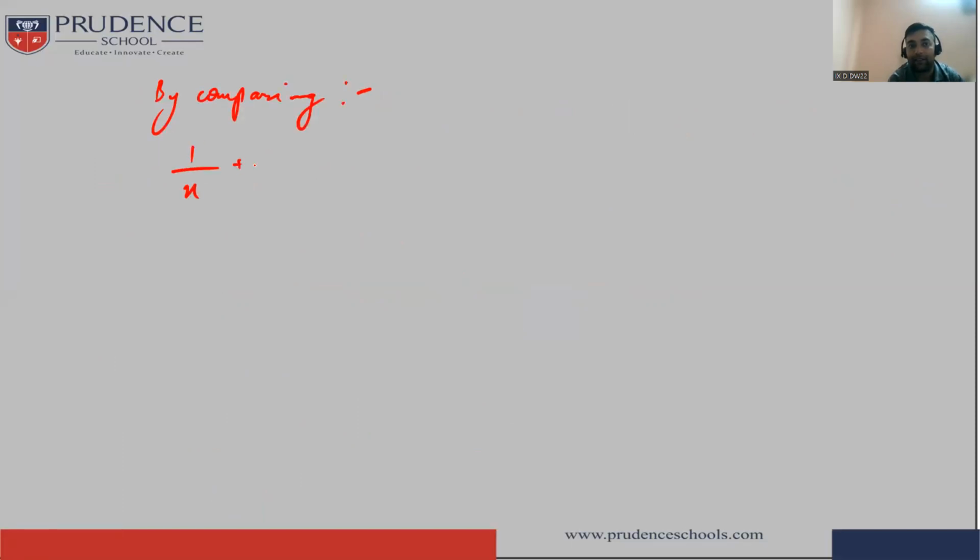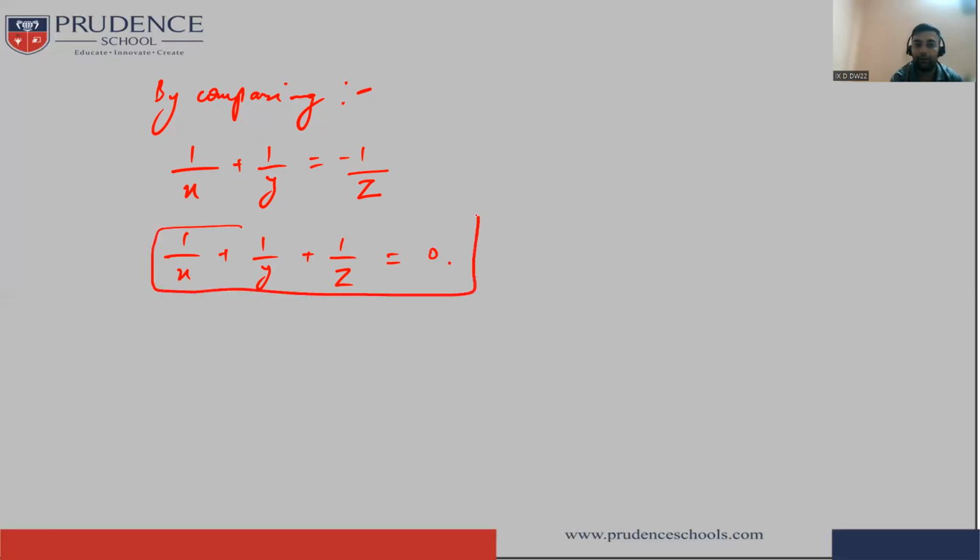And if we take this -1 upon z to the left hand side, you will get plus 1 by x plus 1 by y plus 1 by z equal to 0. And this is what we needed to prove, right?